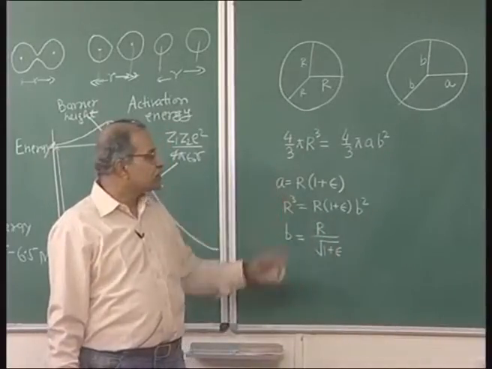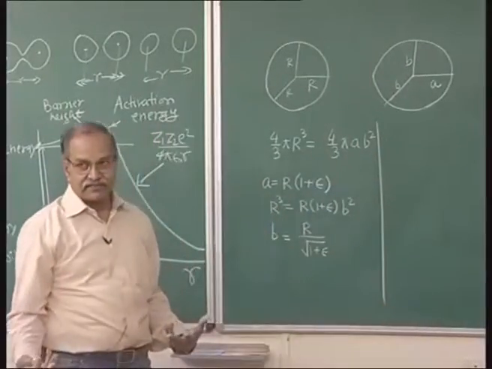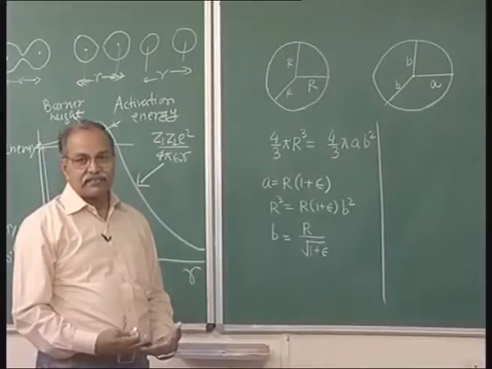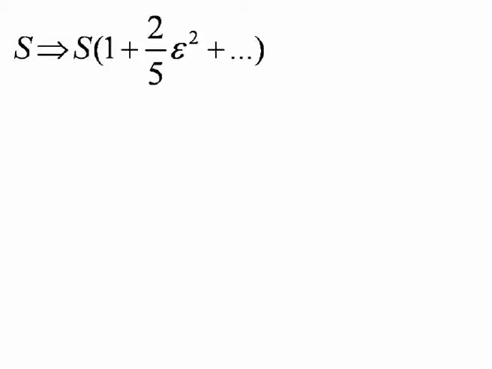With this geometry, one can work out how much is the increase in surface area and how much is the decrease in Coulomb energy. So, the surface area becomes S into 1 plus 2 by 5 epsilon square up to order epsilon square. There are higher order terms that I am not writing.